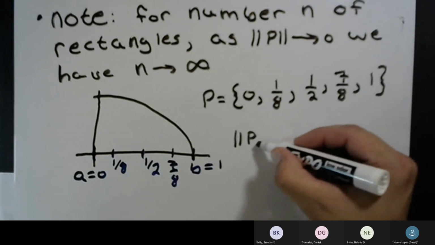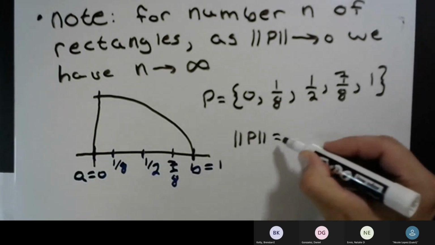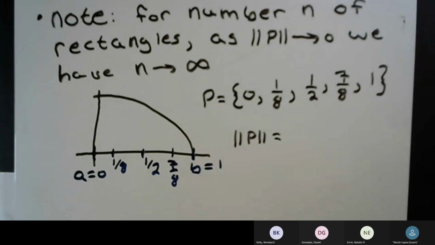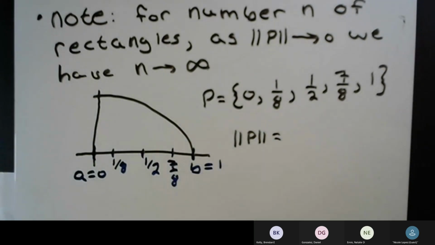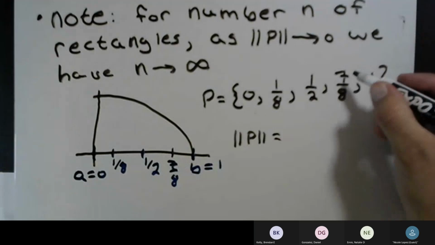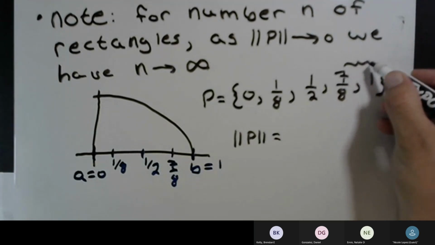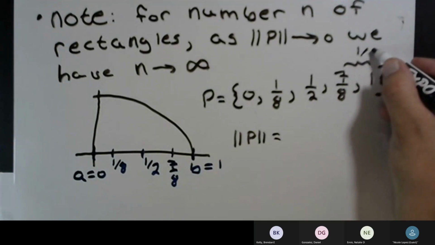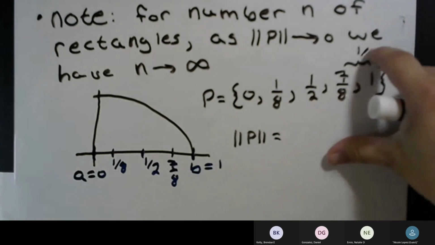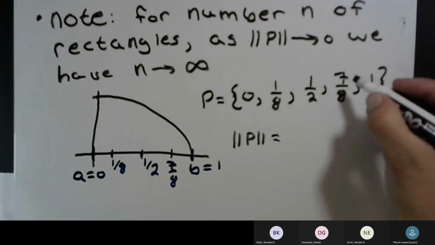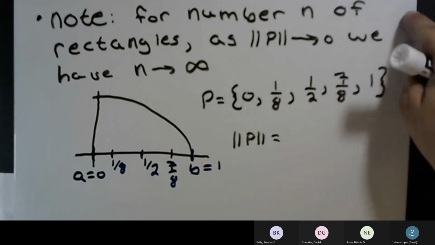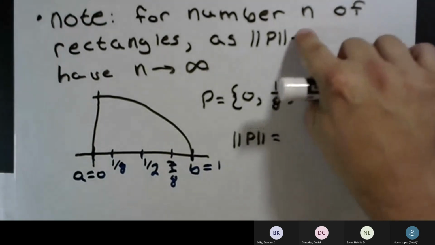So what about the width of our partition? Well, we want to find the distance between these points, because when you put these points on the x-axis, these create subintervals.